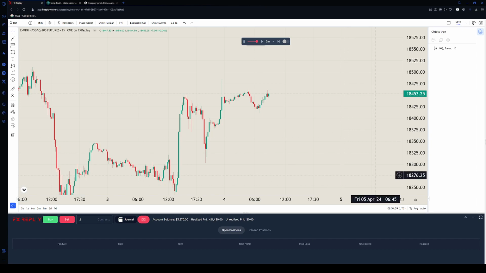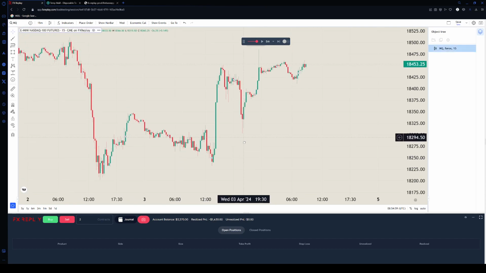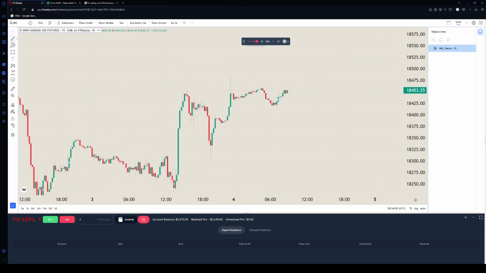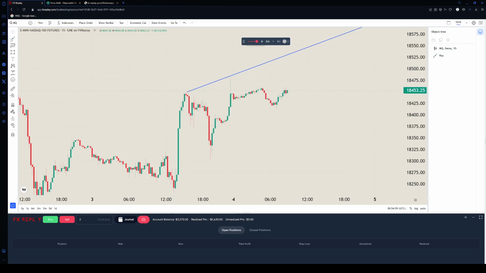He said the third tap is significant. I'll take your word for it. So we're gonna assume that the third tap is significant. But if that's the case, then that's amazing that it shot right up after. Alright, I think if it was to be the 15 minute, it would be like this.